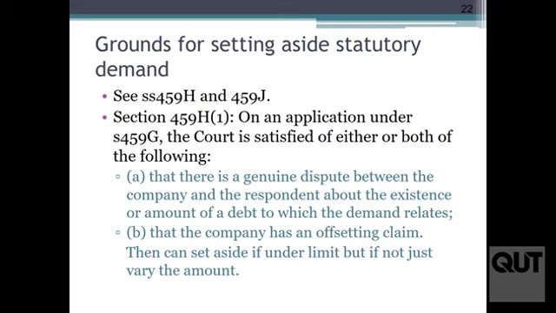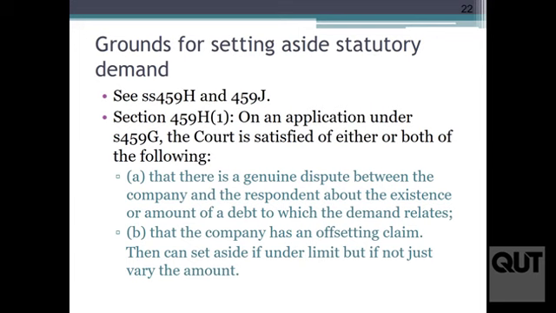If the amount of the debt comes below that $2,000, then the demand will be set aside because it's below that statutory minimum. Otherwise, if it is accepted that there is still an offset but it doesn't extinguish the debt, then the debt can be offset, that is reduced.